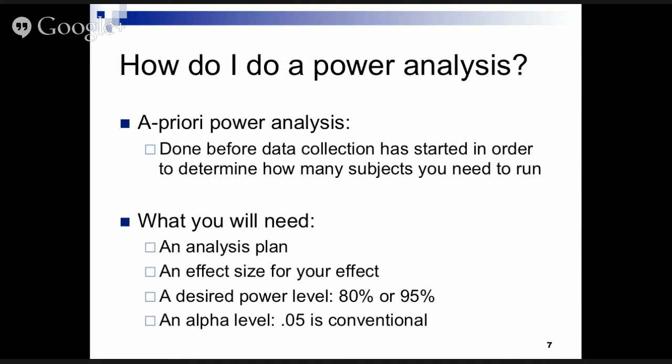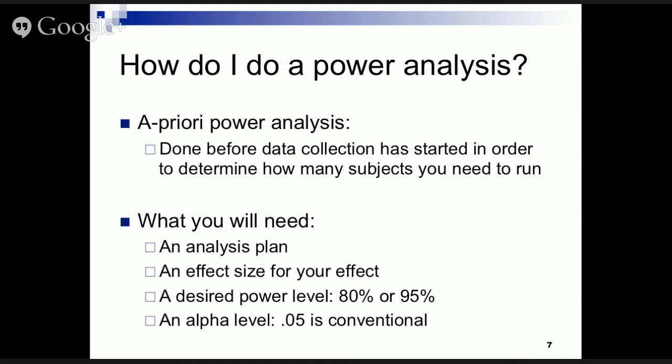Another thing I need to know is what is my desired level of power? So there's kind of a range of levels that some areas of science have deemed acceptable power levels. So in medical research, 80% power is kind of the lower bound of acceptable power. 95% power is ideal.